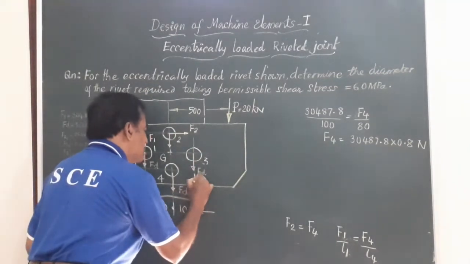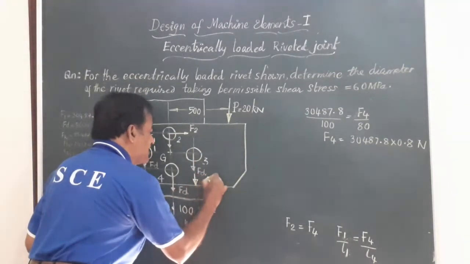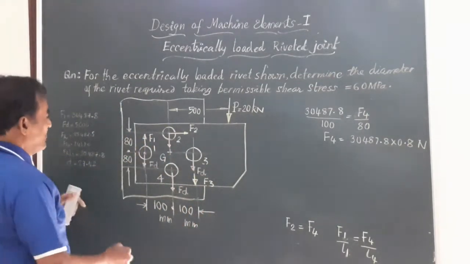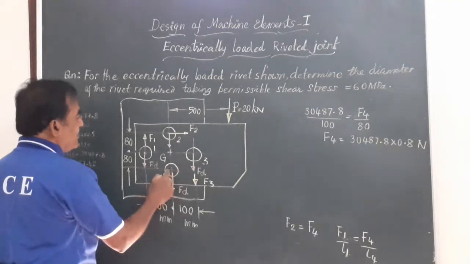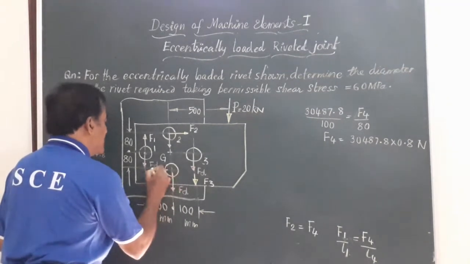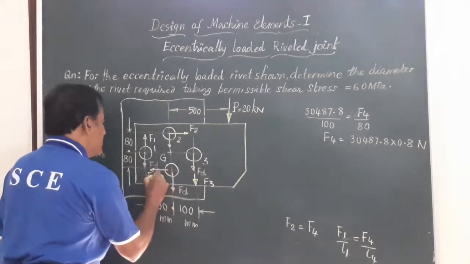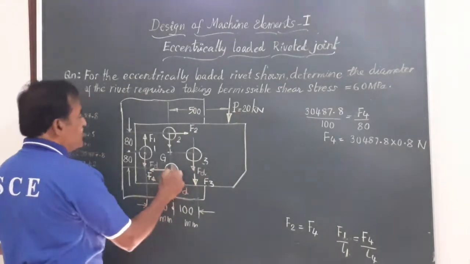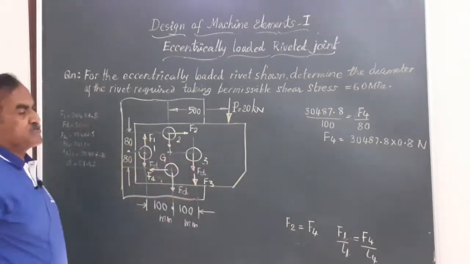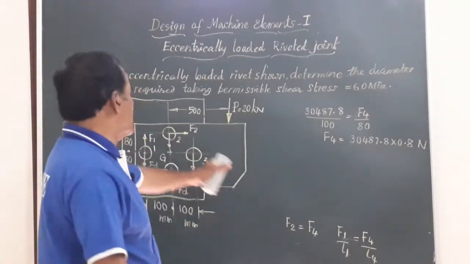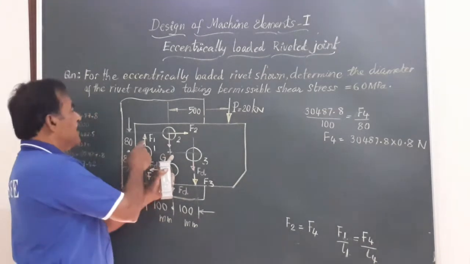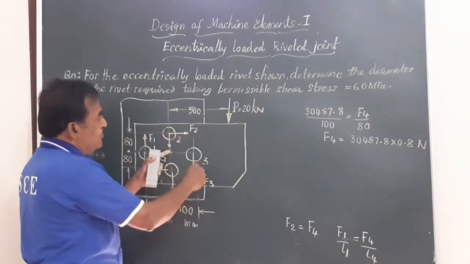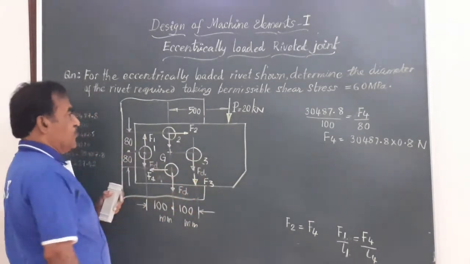Similarly, at rivet number 3, this F3 should produce a clockwise moment about G. Finally, F4 should act perpendicular to this L4 so as to produce a clockwise moment. Please observe this figure correctly. F1 acting at 1 should produce a clockwise moment similar to F2, F3 and F4.